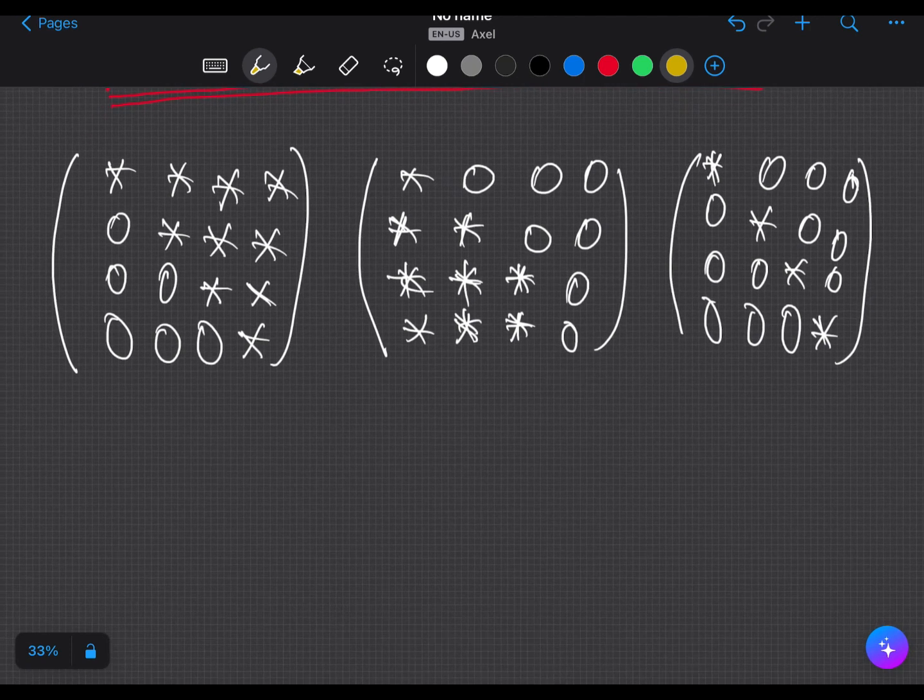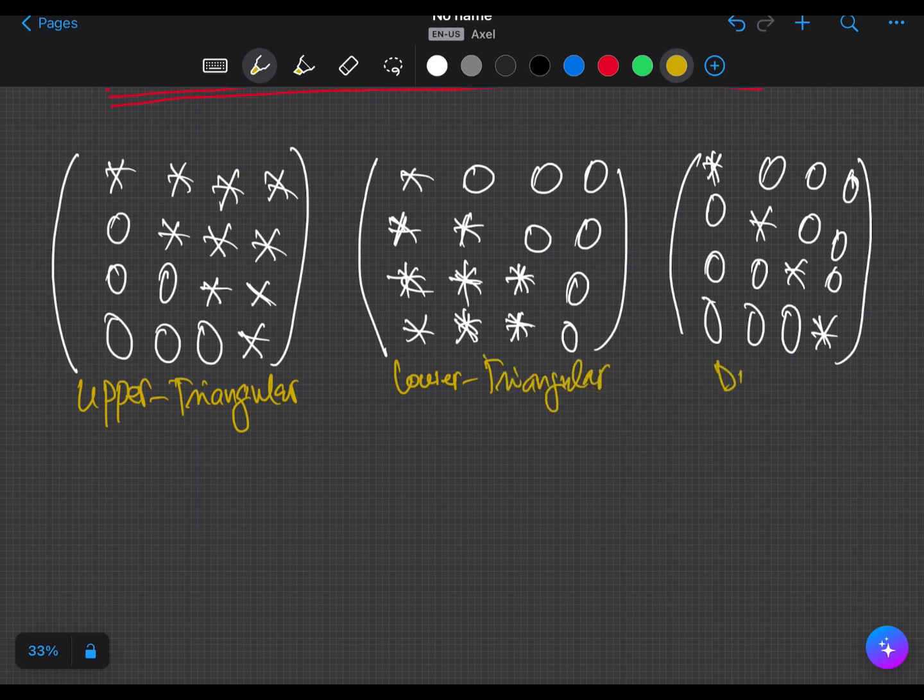We call this matrix an upper triangular matrix. The entries here are scalars, numbers. We call this one the lower triangular, and this one the diagonal matrix.